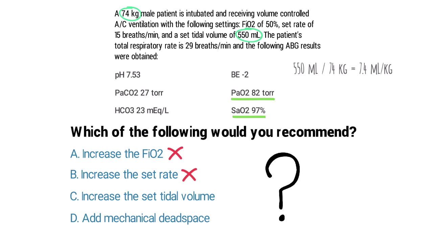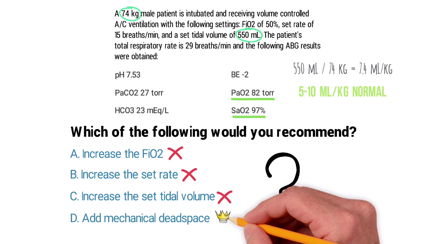This value does fall within the normal range of 5 to 10 milliliters per kilogram, and this confirms that the tidal volume setting is appropriate. So now we can rule out C as well, and that means that only one answer choice remains, and it's to add mechanical dead space, which is the best option for this patient in this case.